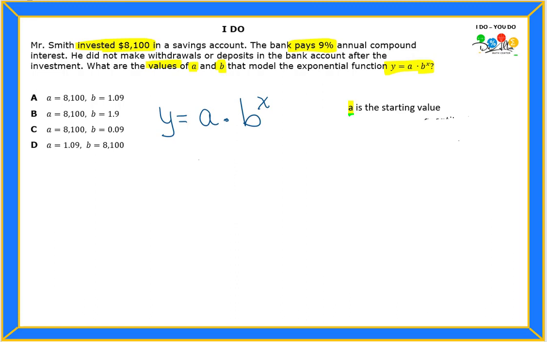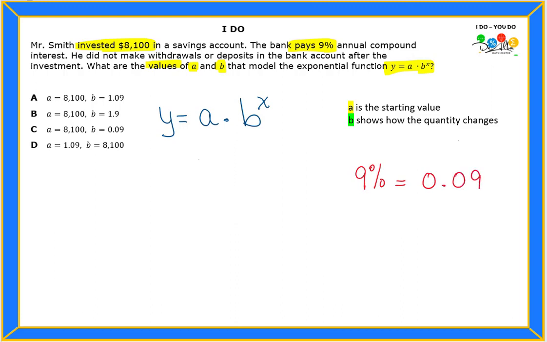So that's going to be my A. And B is basically going to show you how much the quantity changes. And this is pretty much your rate or your percent. But of course, we are not going to write it down as a percent because we have 9%. And that is the same thing as a decimal as 0.09, right?